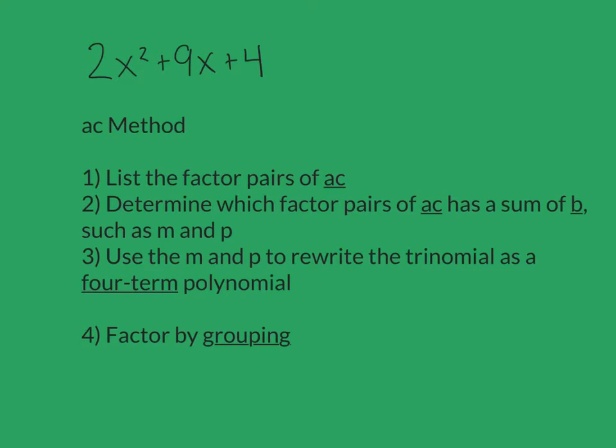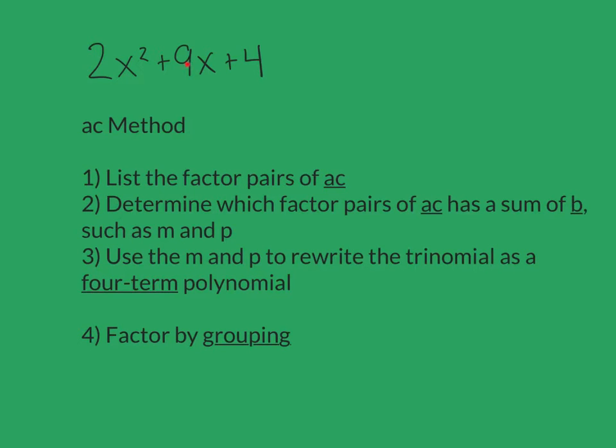So in your notes, you should have these with some blanks, so you can fill in the blanks as I go through the steps. So these are the steps that we follow when we have a trinomial like this, with a number other than 1 being multiplied by the x squared. So the first step is to list the factor pairs of AC, then determine which factor pair of AC has a sum of B, such as M and P. So what that means is we're multiplying this 2 times 4, for example, in this problem here.